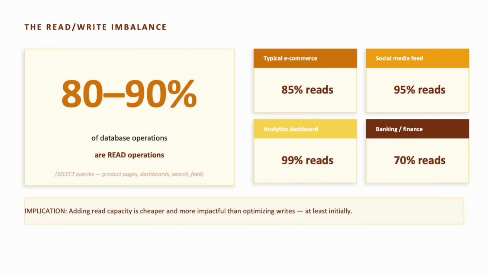Before you reach for sharding, which adds enormous complexity, you should always ask: have I already used every possible method to handle more read requests? In many cases, the answer is no. Read replicas can multiply your read capacity many times over with minimal complexity. So let's see how they work.